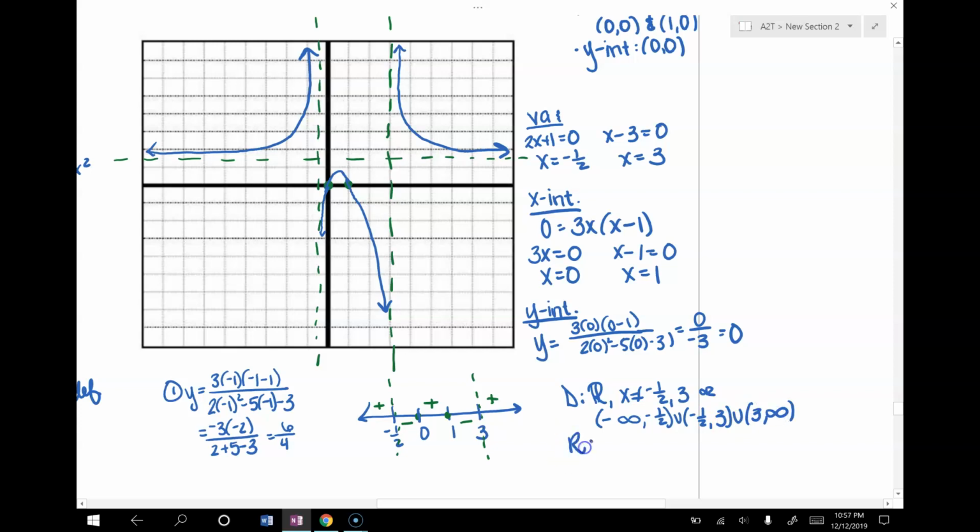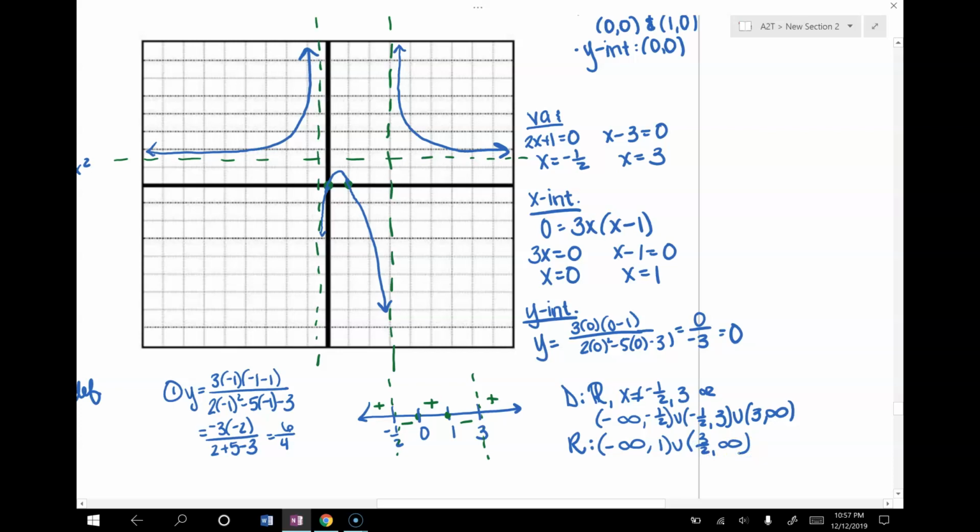For the range, this is where it matters what you sketched, and it's all because of how high that middle section travels on your function. For me, I'm going to say that I go from -infinity up to 1, union I then pick up at 3/2, comma, infinity.